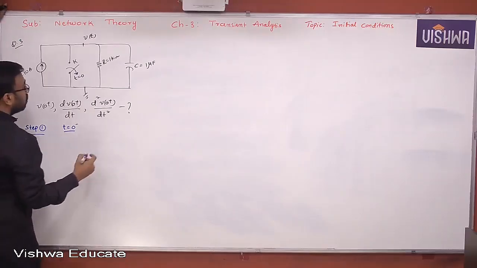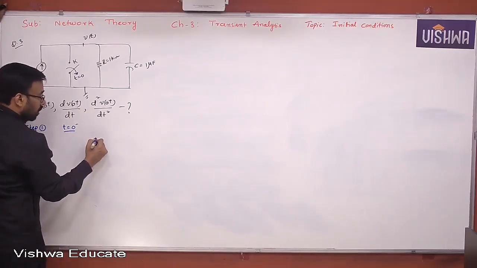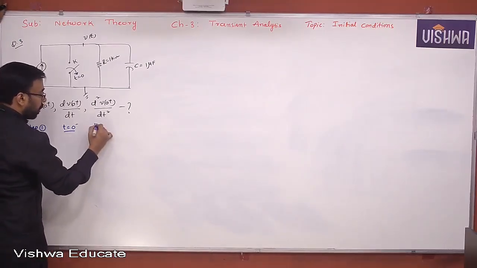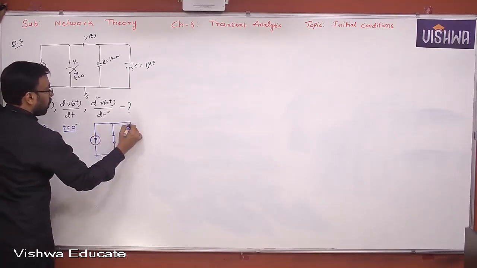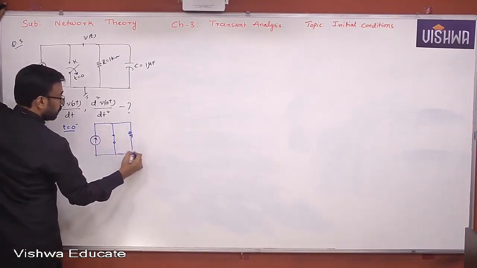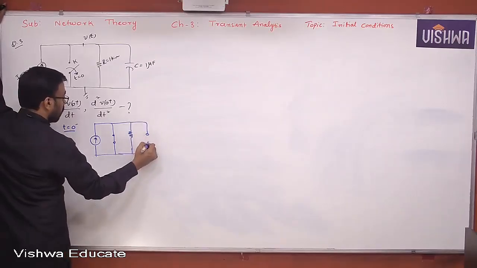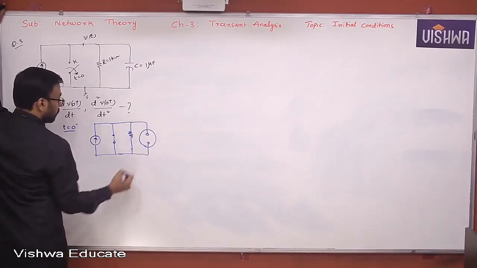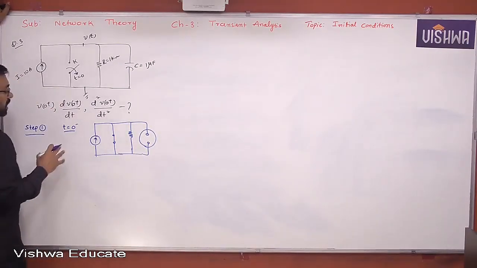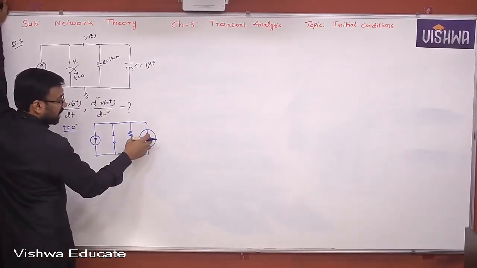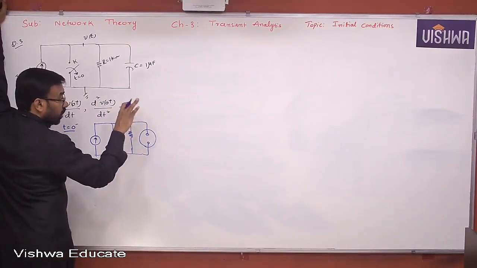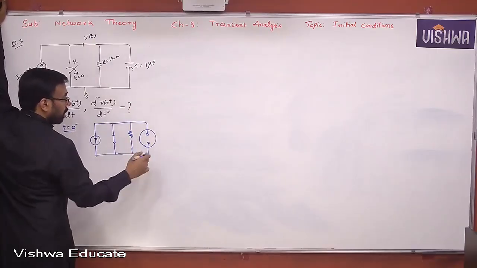Now, tell me how the network looks like. Closed. Resistor. Capacitor is acting like what? Open circuit. What is our objective in the first step all the time? Always your concentration must be on voltage across the capacitor and current through inductor. Of course, there is no inductor, but there is a capacitor.